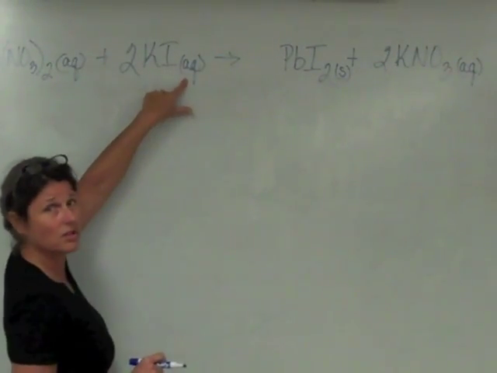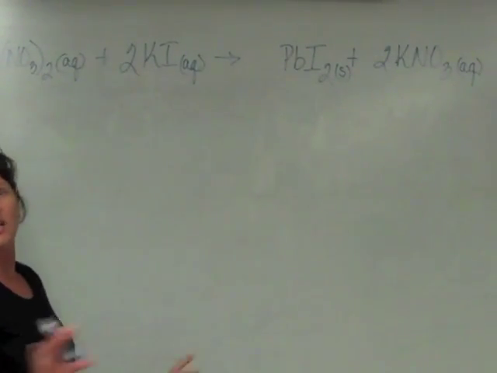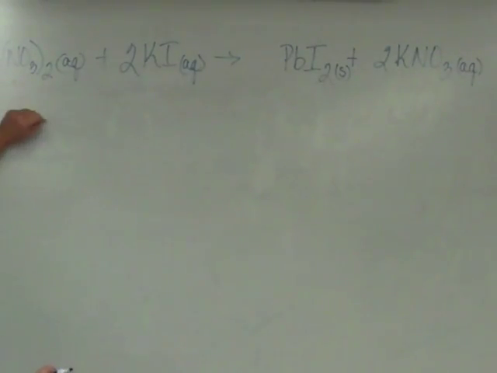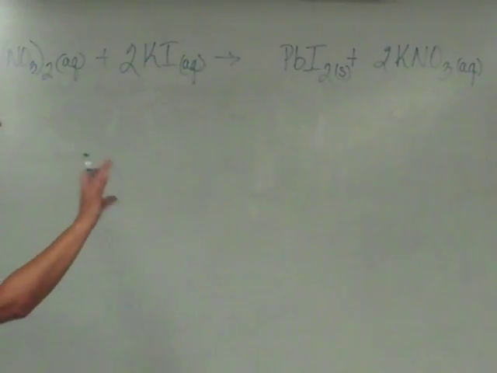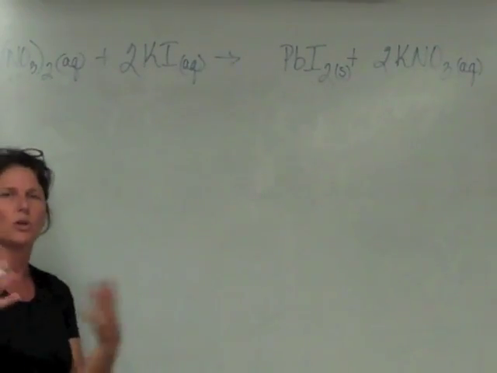Really, this is just potassium and iodide floating around separate from one another. And in this case, in water, aqueous, we've got lead 2 ions floating around, and we have nitrate floating around. So this doesn't really show us on the molecular level what's going on.